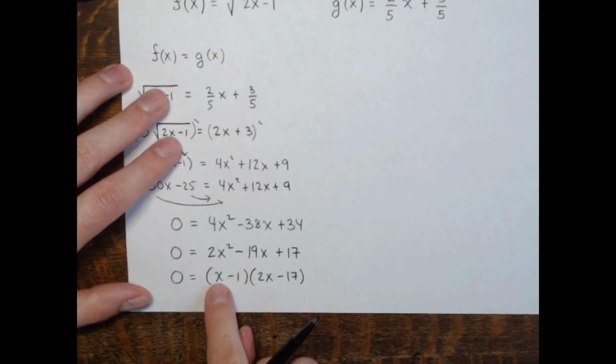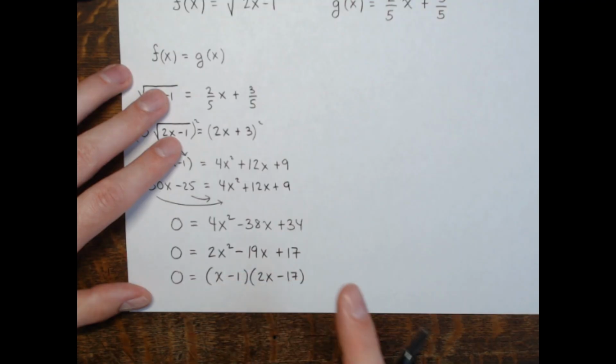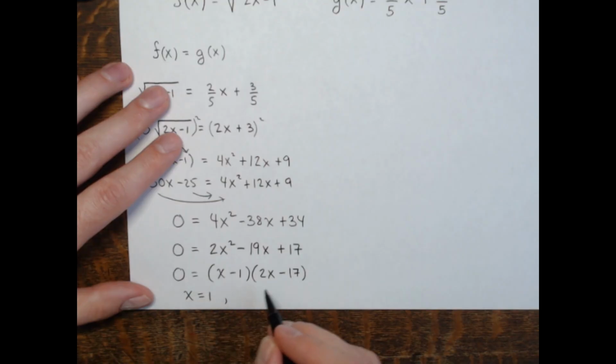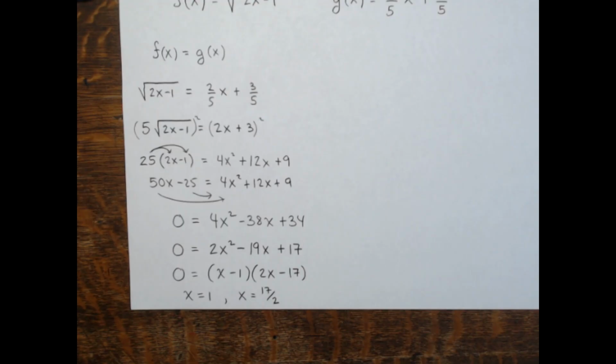Right, because you FOIL, you got 2x squared minus 2x minus 17x for the minus 19x and then plus 17. So the two values are 1 and 17 halves. All right, 1 and 17 halves.